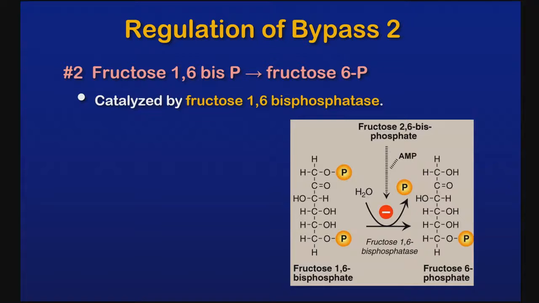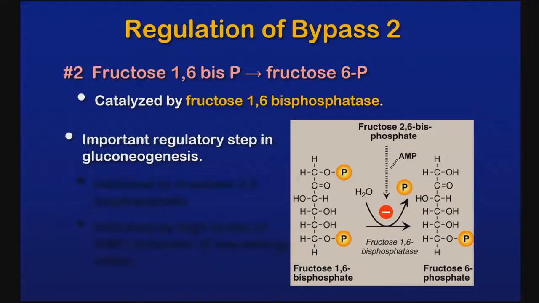So the regulation of bypass 2 looks overwhelming, but it's not that complicated. Once you sit down and read it, it starts making much more sense. You remember bypass 2, the fructose 1,6-bisphosphatase, which converts fructose 1,6-bisphosphate to fructose 6-phosphate. And this phosphatase is inhibited by fructose 2,6-bisphosphate.